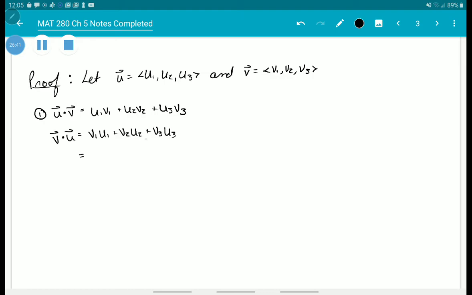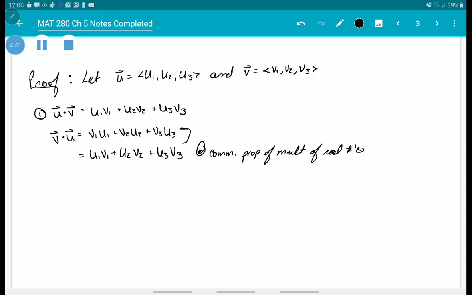But we know at this point we're dealing with real numbers, and we know real numbers are commutative under multiplication. So under the commutative property of real numbers, this guy is equal to this guy, and that is identical to u dot v.